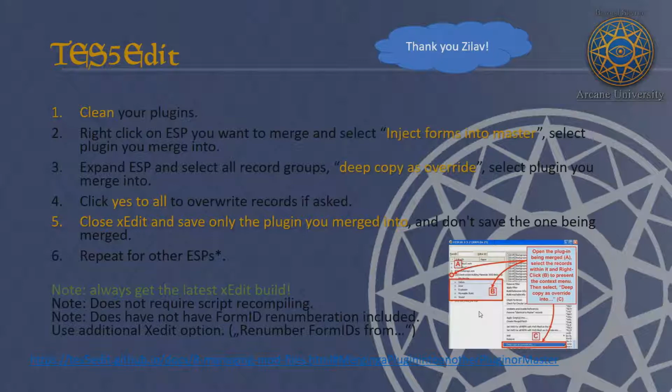I personally did it a few times, but I still preferred my merge plugins workflow. But it's open for you to try out what works best for your project. I think it's not suited for huge projects, given that you have a lot of manual processing here, but it's definitely precise. So that's what's good about TES5Edit.